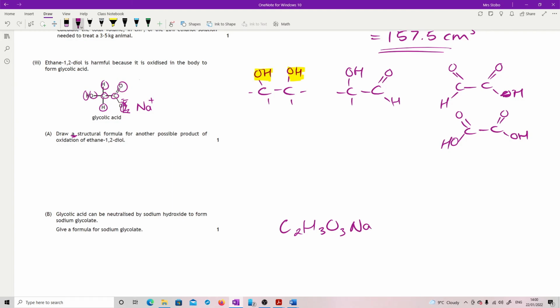Okay, this is just a straight molecular formula. You could have written it out as the kind of structure, which would be the OH, CH2, and then COO minus Na plus, but that's the one I was expecting.